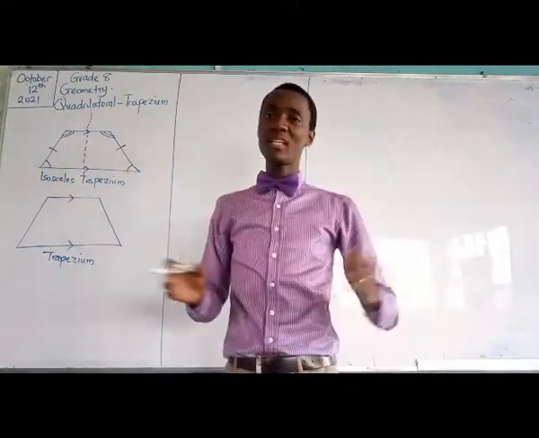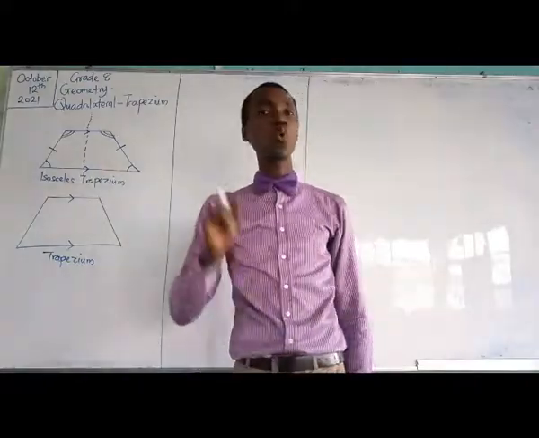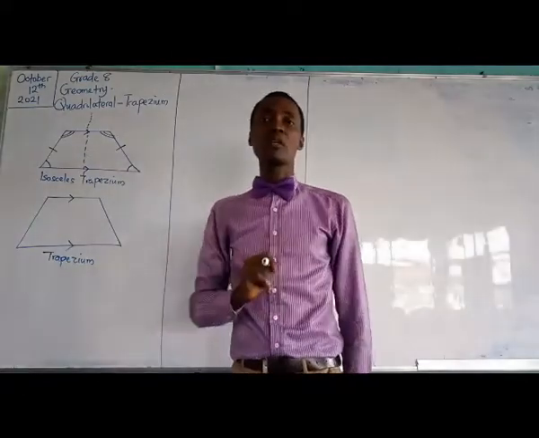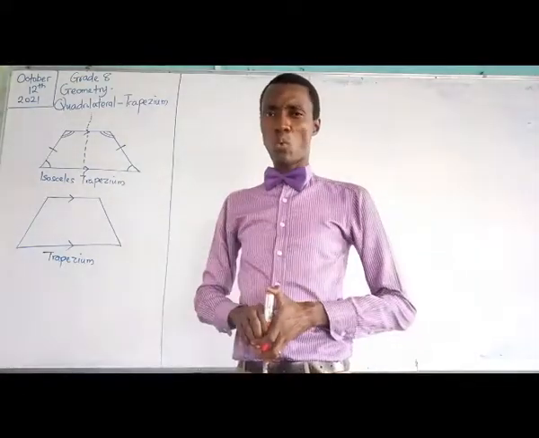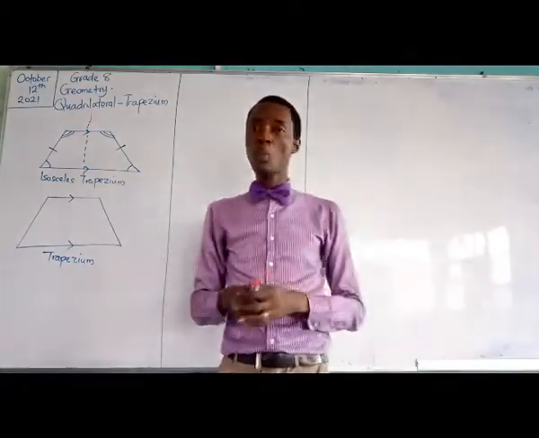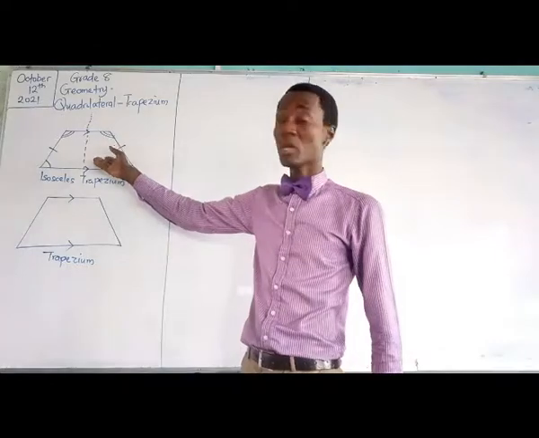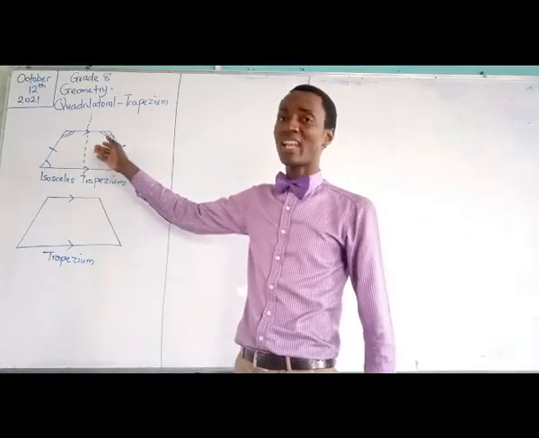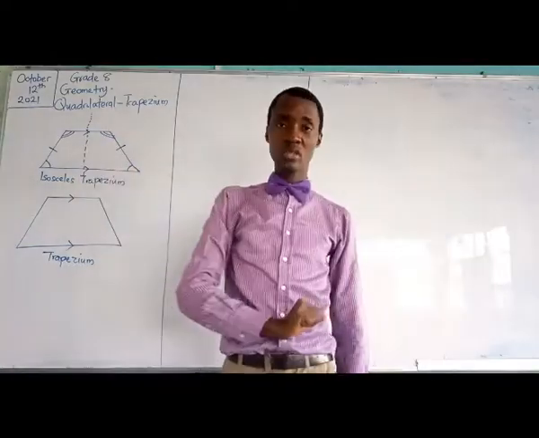But generally, this is just a special type of trapezium we need to take note of, because sometimes in the exam, we see examiners try to match properties of shapes to come up with a very unique shape. So, keep in mind that there's something called an isosceles trapezium, and this is what it looks like.